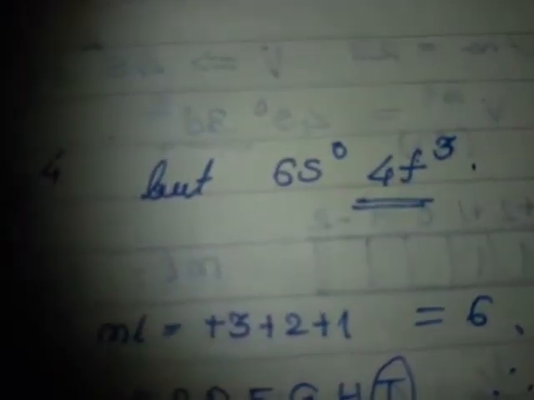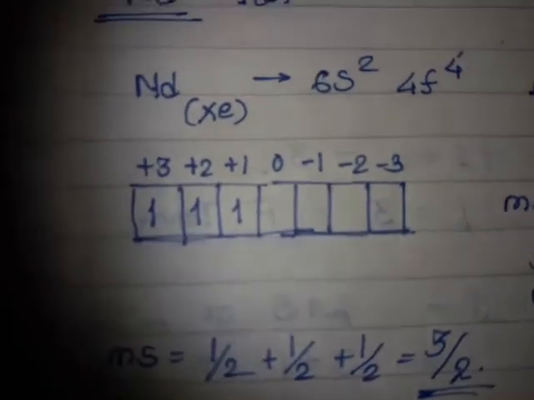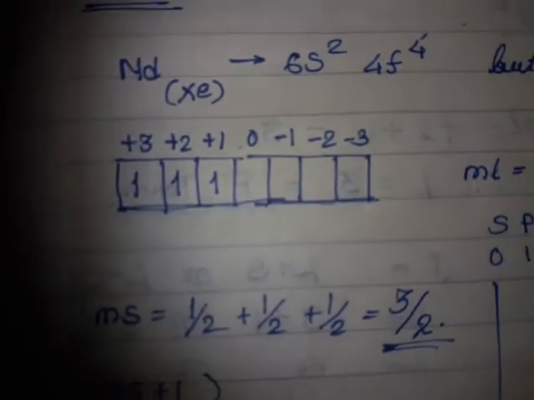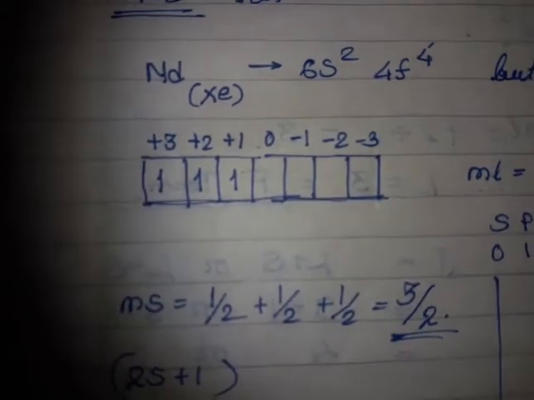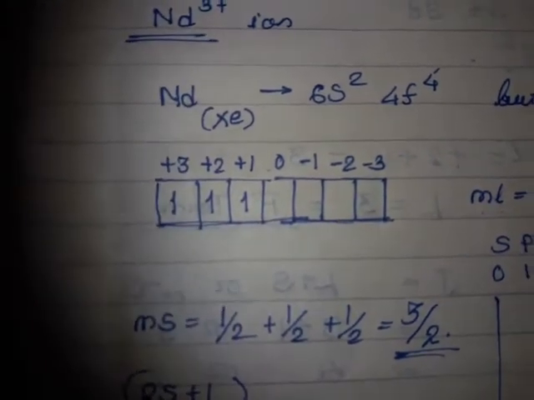That's why this is the f orbital, and there are 3 electrons present in it. Now draw the f orbital: +3 +2 +1 0 -1 -2 and -3. This f orbital has 7 orbitals. Now put the 3 electrons into the f orbital, at +3, +2, +1.